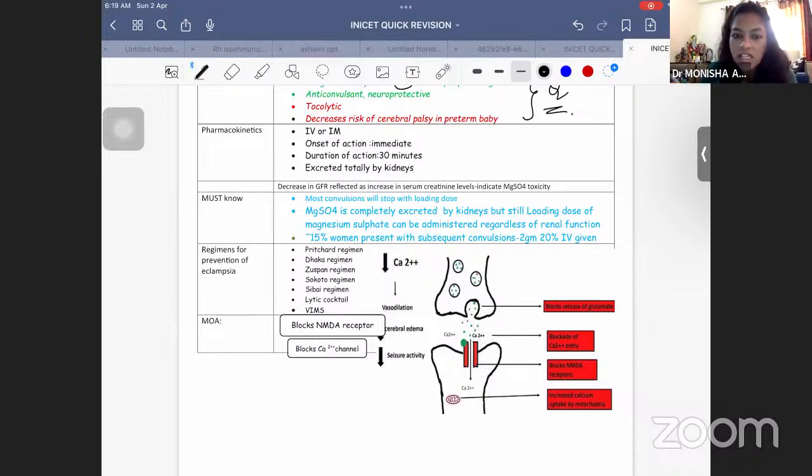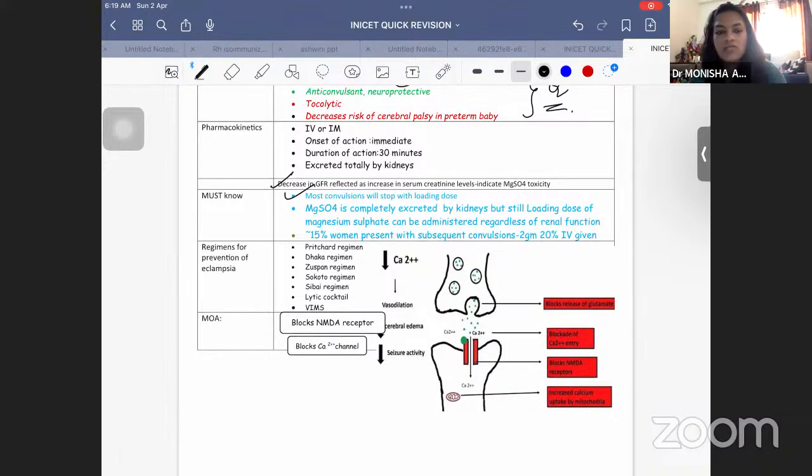A decrease in the GFR, as in an increase in the serum creatinine level, indicates magnesium sulfate toxicity. Magnesium sulfate toxicity is going to be a separate topic now. But remember, these are all questions. Most convulsions will stop with your loading dose. Magnesium sulfate is completely excreted by the kidneys, but still the loading dose can be administered regardless of the renal function.